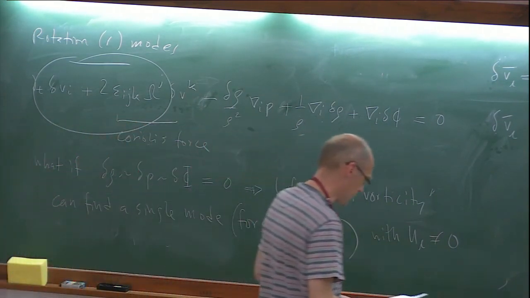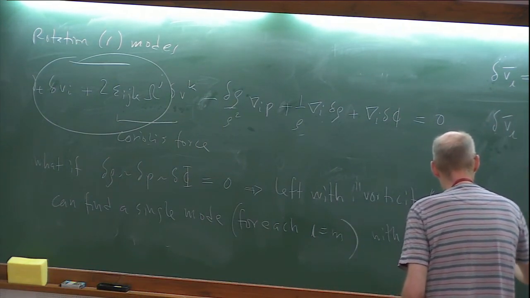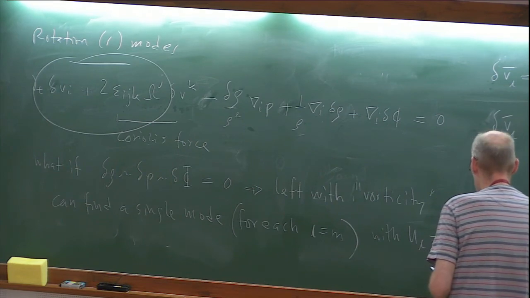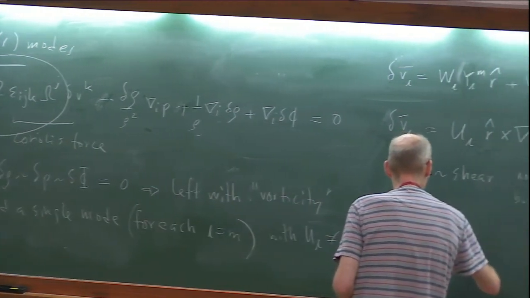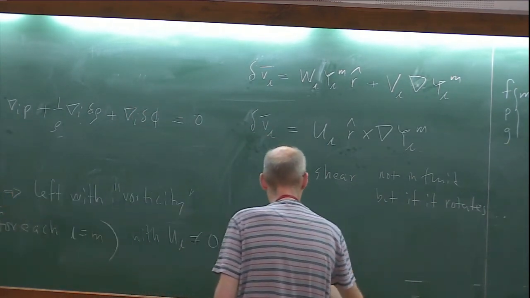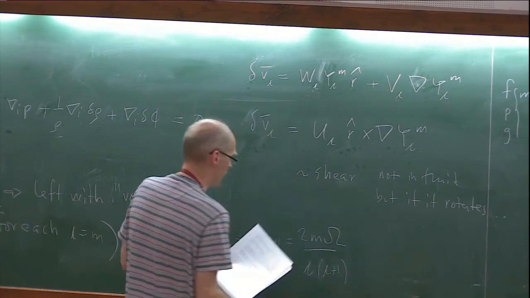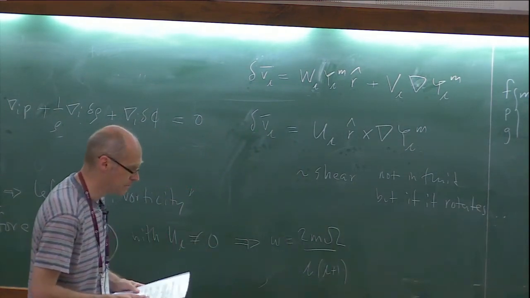And the frequency is simple. It has a 2 omega from the Coriolis force divided by this L times L plus 1 that we now know and love. We know that M and L are in fact the same.